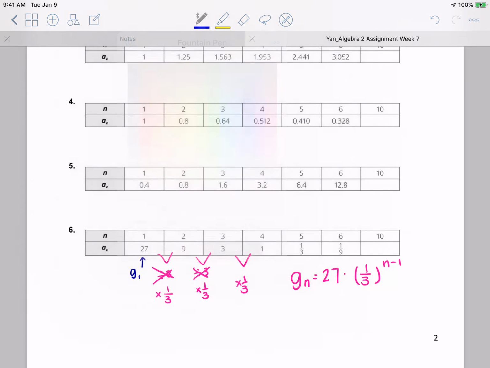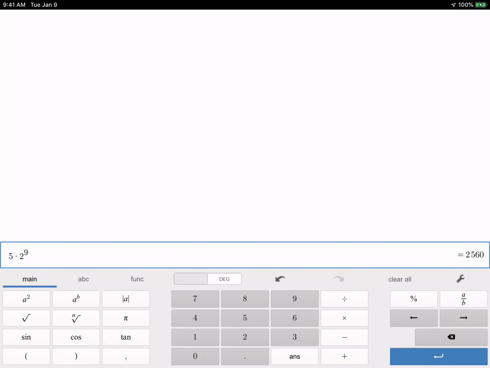So this is our formula. And now I'm going to substitute my 10 to figure out my answer. 10 minus 1. Okay, so let's go ahead and put this in our calculator. We got 27 times, let's put parentheses for our 1/3.